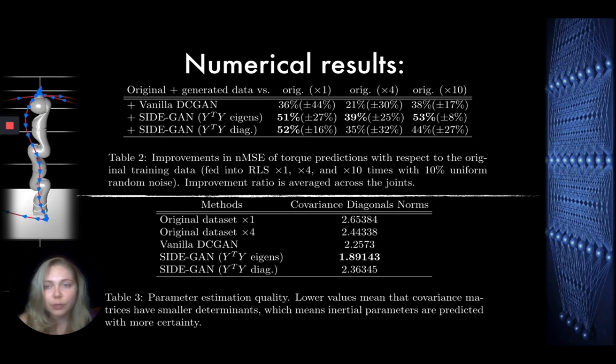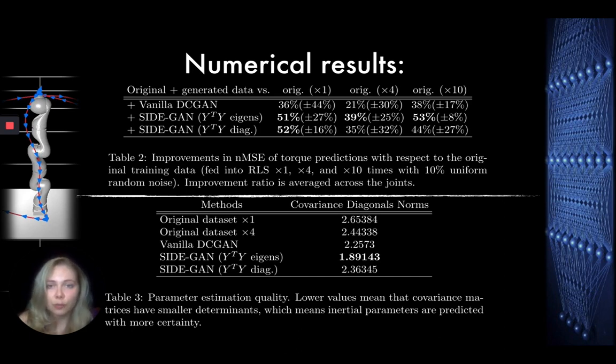Other than that, we also provide evidence that SIDE-GAN performs better than vanilla DCGAN. The result you see at the top is adding the SIDE-GAN generated trajectories or vanilla GAN generated trajectories to the original training data set, and the improvement in the precision of normalized mean square error torque predictions that it creates.